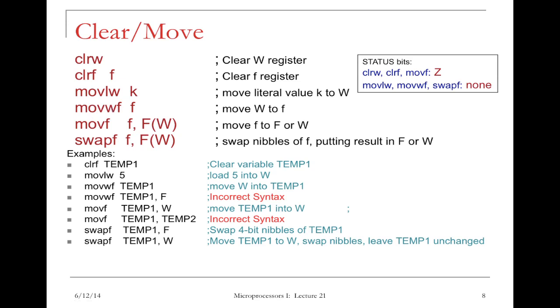So what is that instruction going to do? It's going to copy the value from variable 3 to the working register, W. Okay? Makes sense. Now, what if you have move F, variable 3, comma, F?